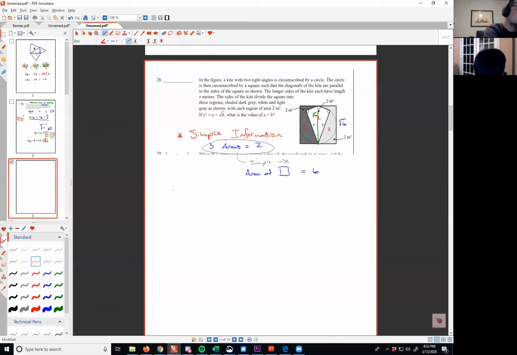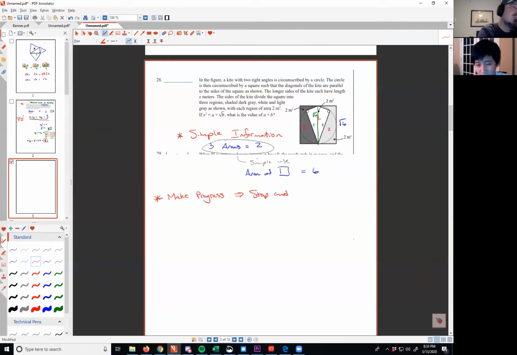I mean, I can find out the diagonal. Oh yeah? Wait, so I know half the diagonal is root 1 out of 6, I think.